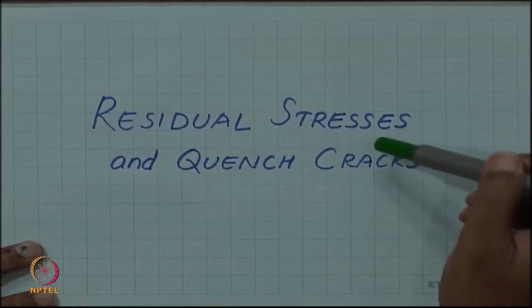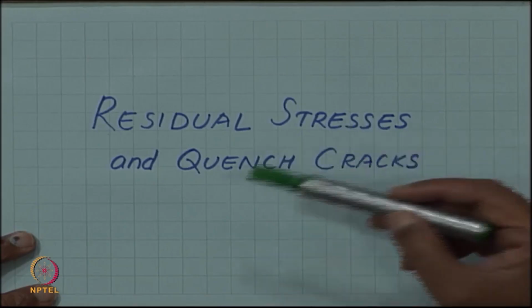One of the problems of quenching to produce martensite is generation of residual stresses, and sometimes it leads to quench cracks. So, let us see why this happens.